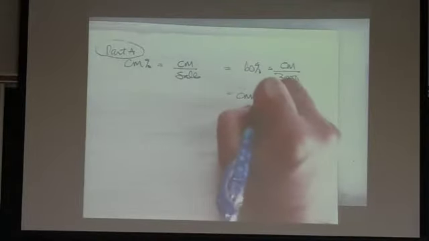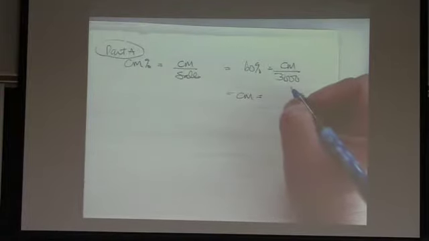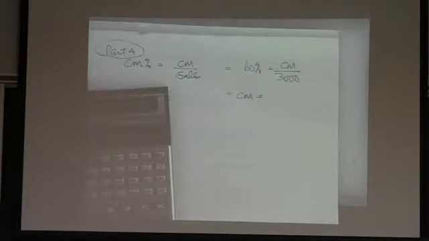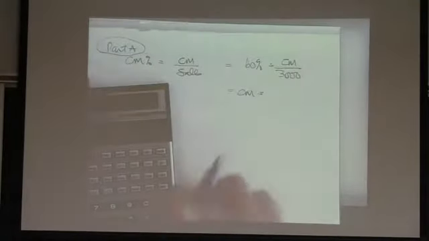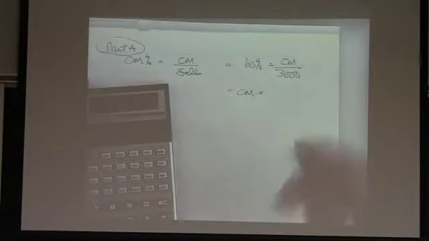So contribution margin equals 3,000 times 0.6, which gives you 1,800.